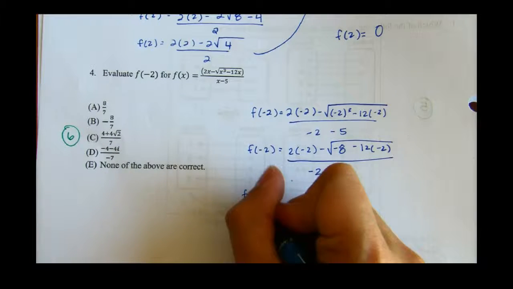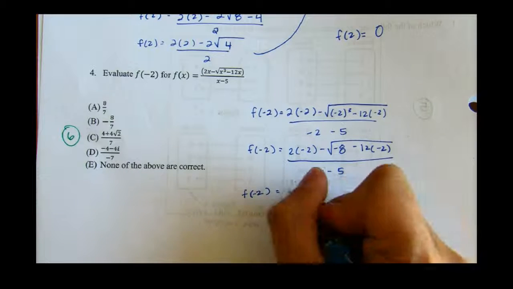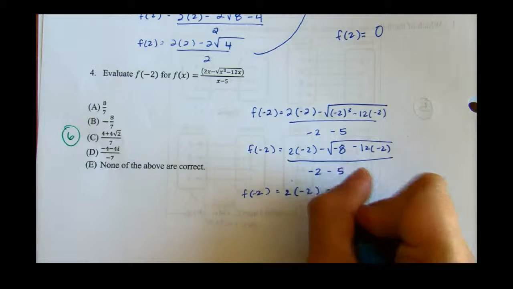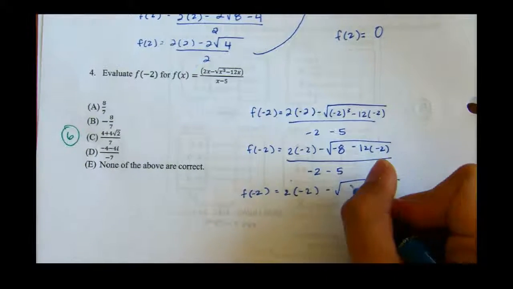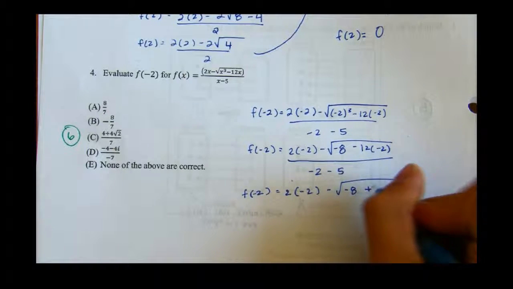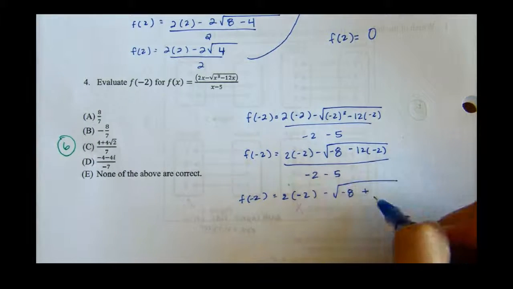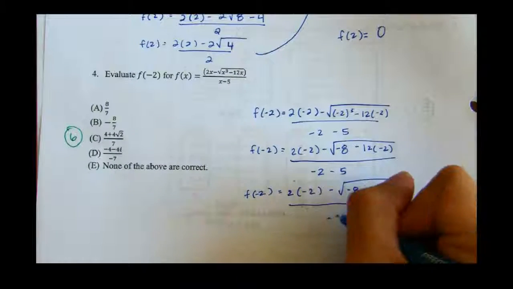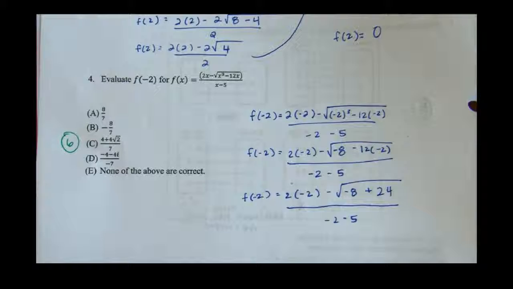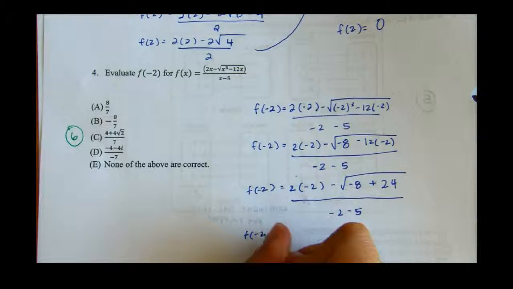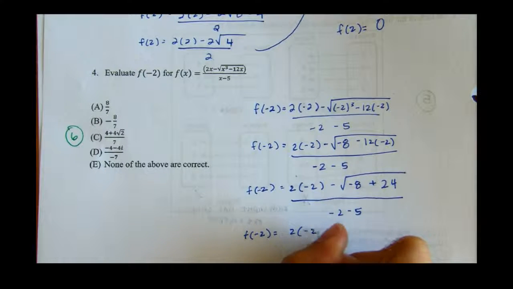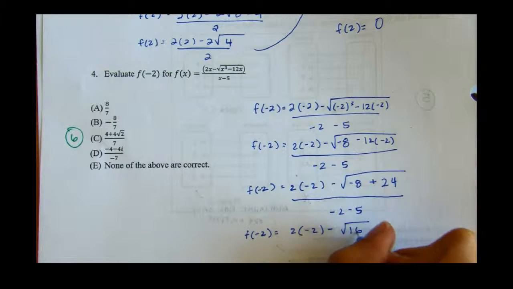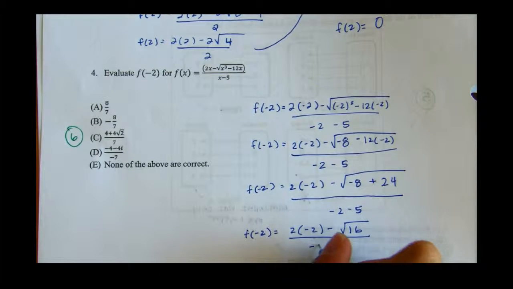So this will be the same thing as f of negative 2 equals 2 times negative 2 minus the square root of negative 8 plus a negative times a negative is going to give me a positive 24 over negative 2 minus 5. F of negative 2 equals 2 times negative 2 minus the square root of 16 over negative 2 minus 5.